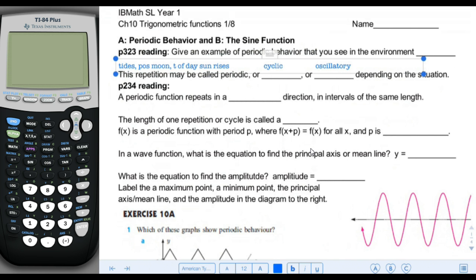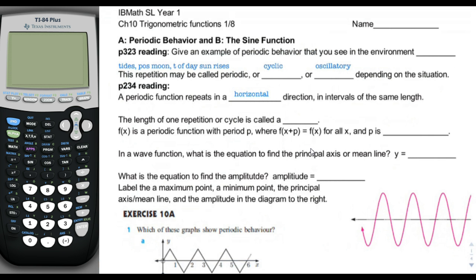The length of one repetition or cycle is called a period. f(x) is a periodic function with period p, where f(x + p) = f(x) for all x, and p is the smallest possible value. Okay, smallest possible positive value, something like that.